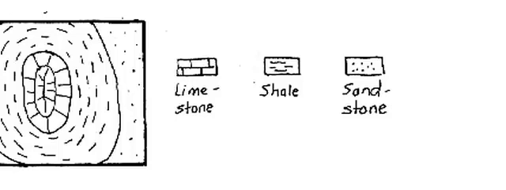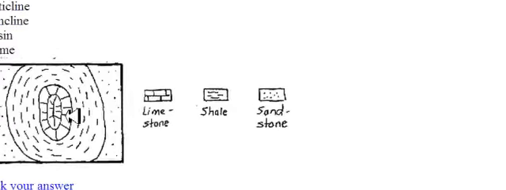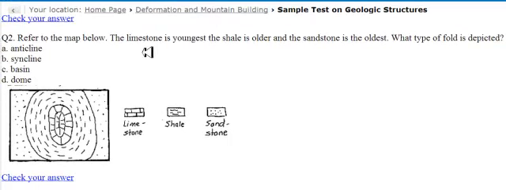So in the basin, we expect to see the youngest rocks in the center. In the dome, we expect to see the oldest rocks exposed in the center. In this case, we have the limestone in the center, and the question said the limestone is youngest. Youngest rock exposed in the center must be a structural basin.